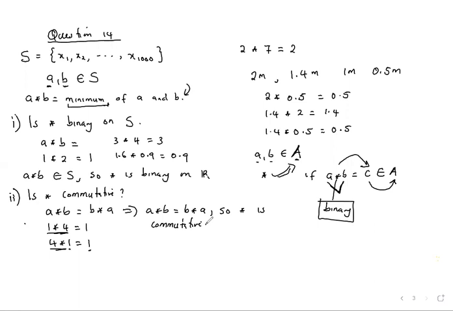Since 0.9 is a height, every time I pick two heights, my answer will be a height. Because my answer is a height coming from S, star becomes binary on S. That's how easy and nice it becomes.